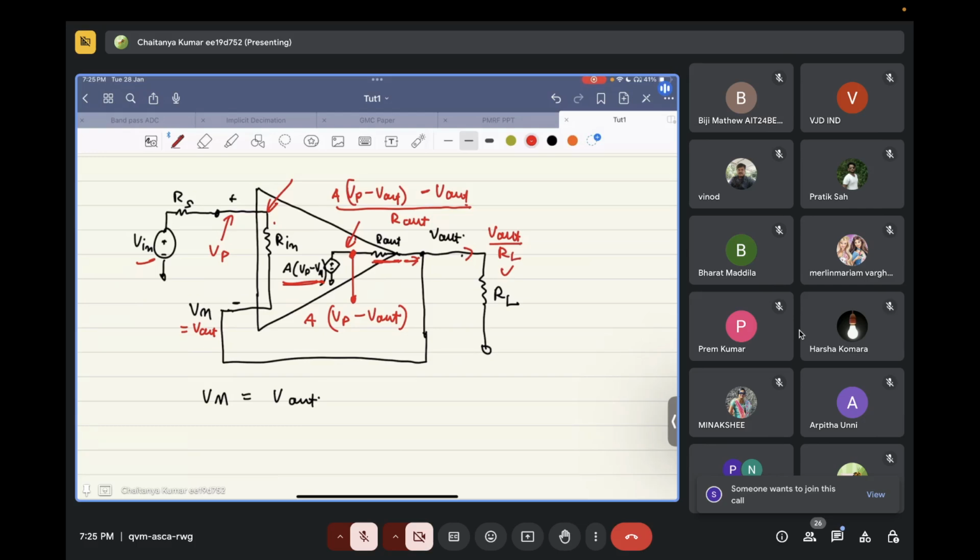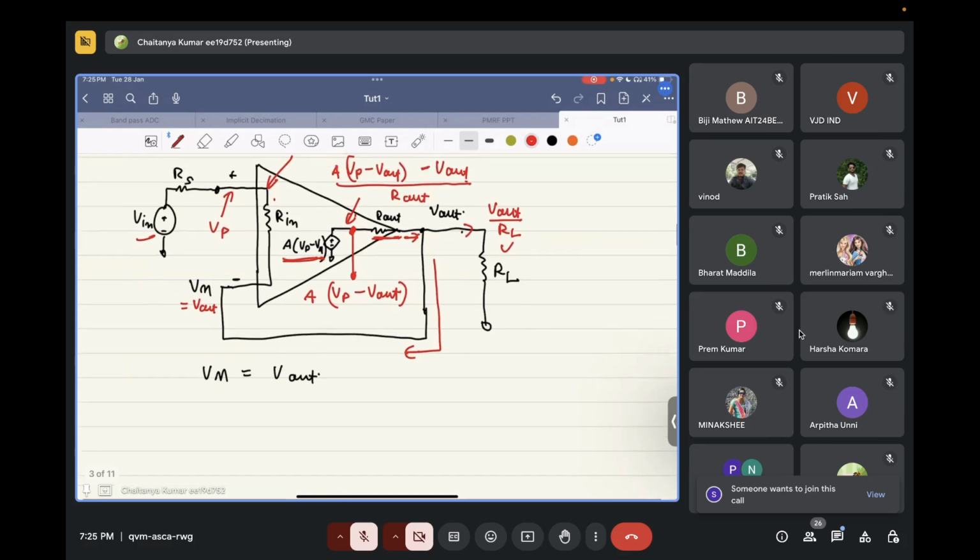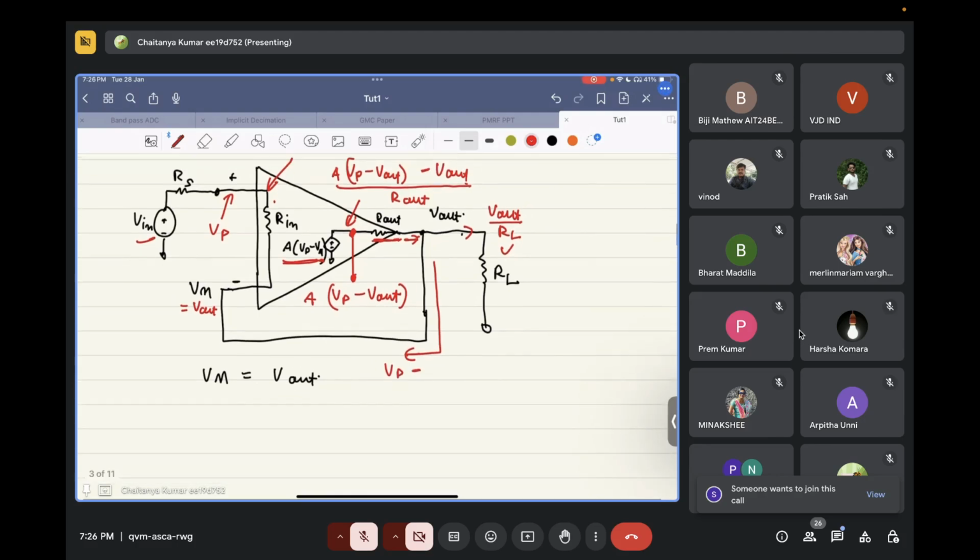And what will be the current flowing in this direction? That will be equal to V out minus Vp by Rn.